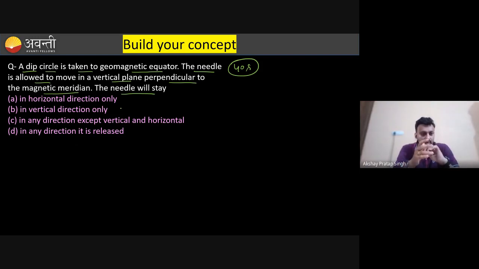Clear? Now consider a dip circle at the geomagnetic equator. If this is our earth, this is the magnetic south and north pole, and this is our magnetic equator.